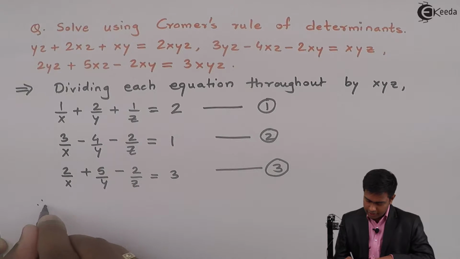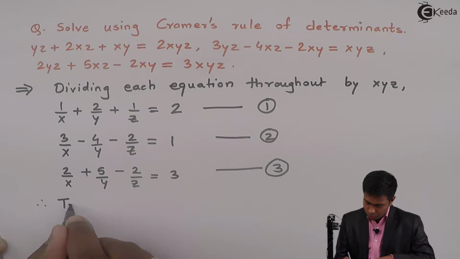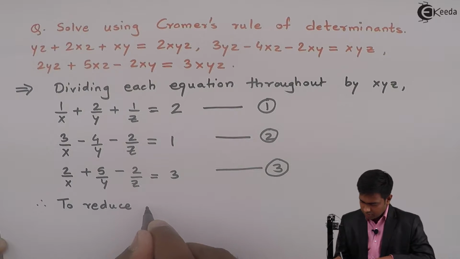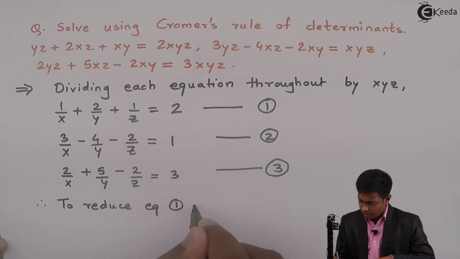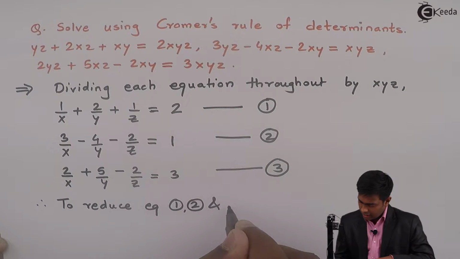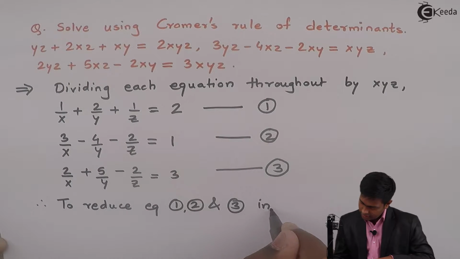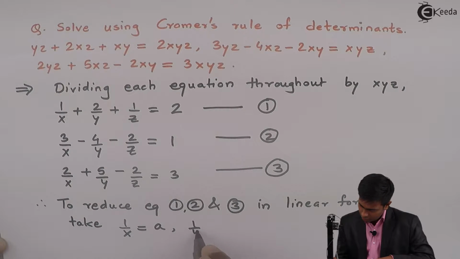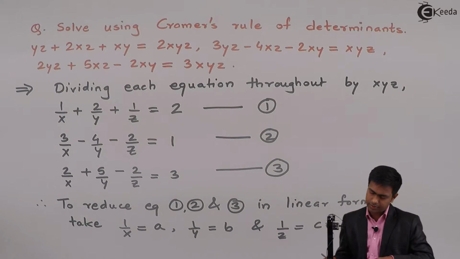So therefore here I will say to reduce equation number 1, 2 and 3 in linear form, take 1 upon x as a, 1 upon y as b, and 1 upon z as c.